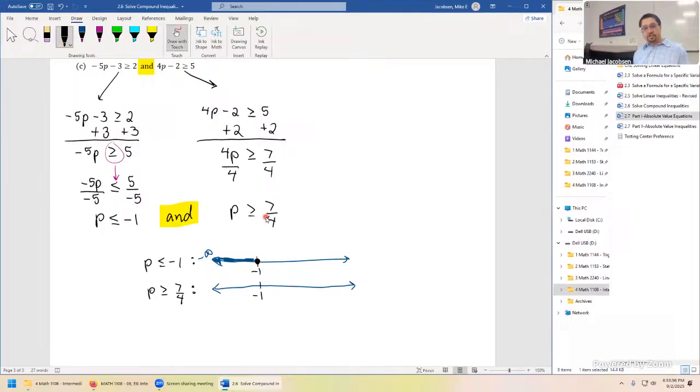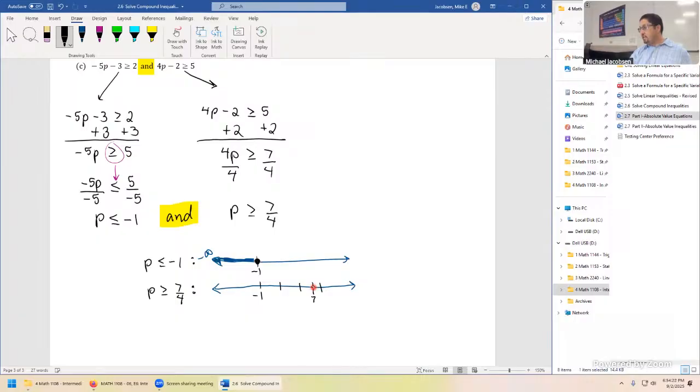Improper fractions are kind of rough on this, but if it was 8/4, that would have reduced to 2. So it's just short of 2, just barely to the left of it. So on this number line, here's -1, here's 0, here's 1, here's 2 out here, meaning 7/4 is about at that location.